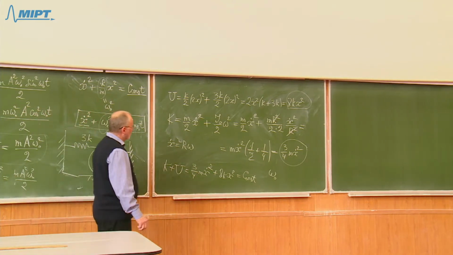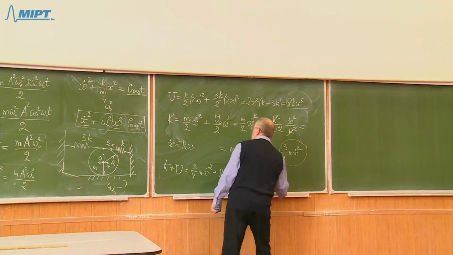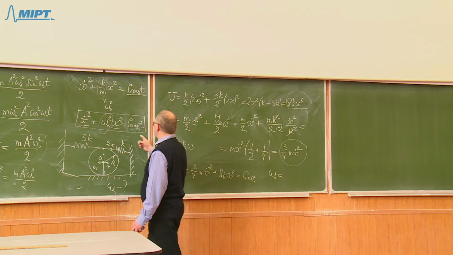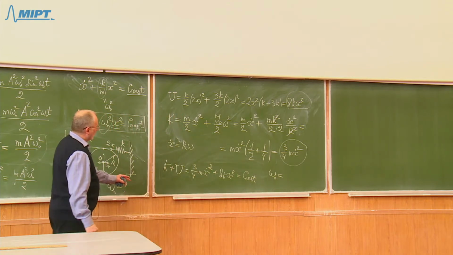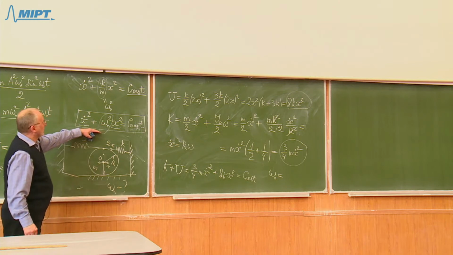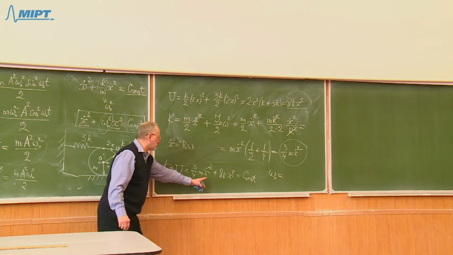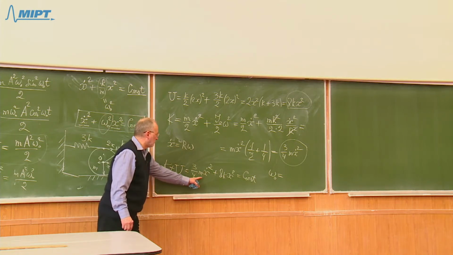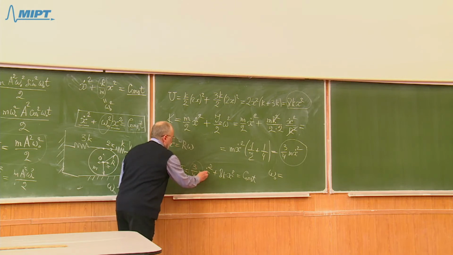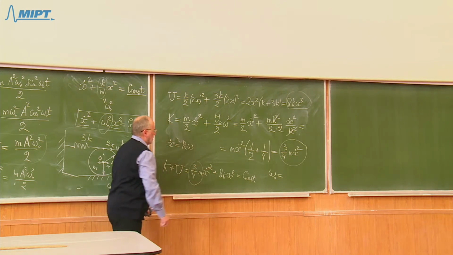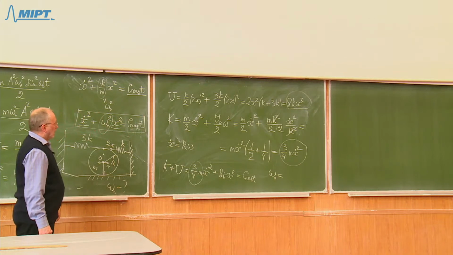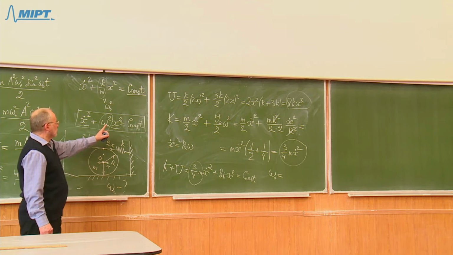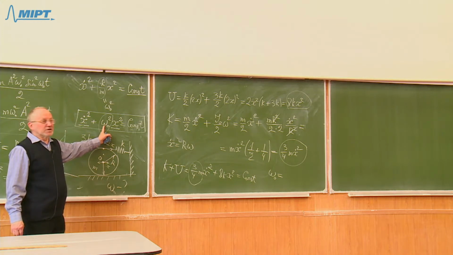The frequency can be found as the square root, according to all previous deliberations using this expression. In order to obtain this equation, I have to divide my equation by this coefficient 3m over 4, so that the coefficient at x dot squared is unity. And when I divide by this coefficient, the second coefficient will be equal to omega squared, frequency squared.